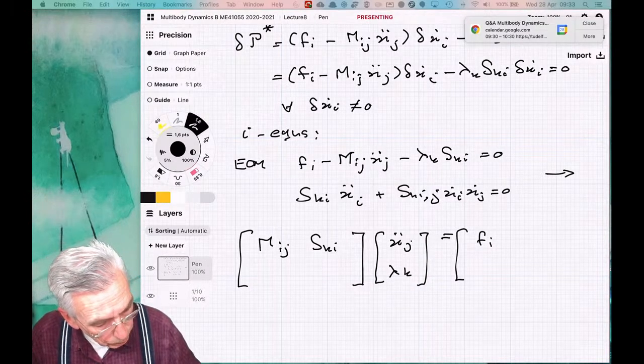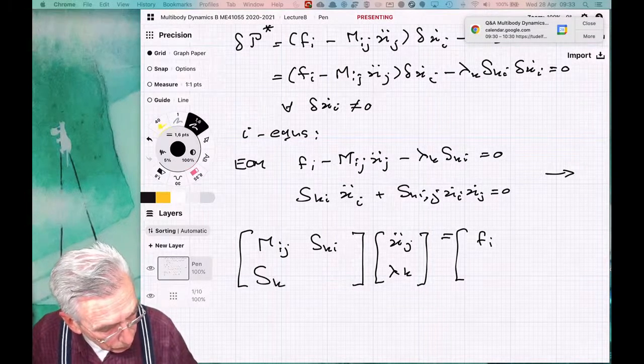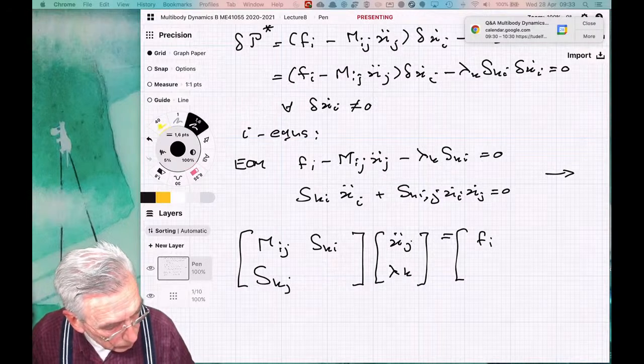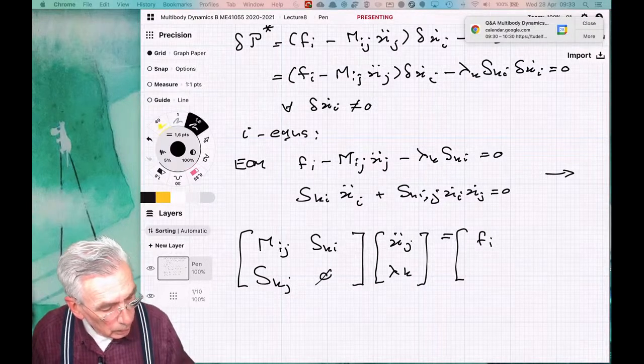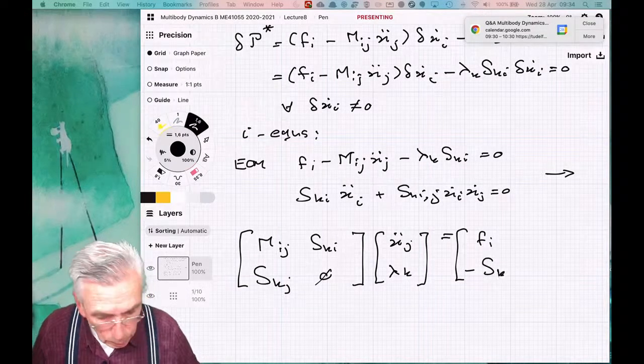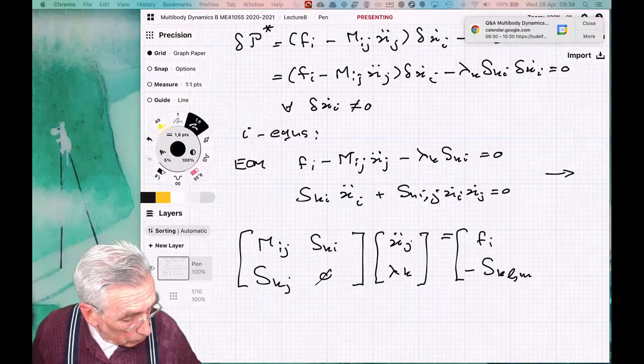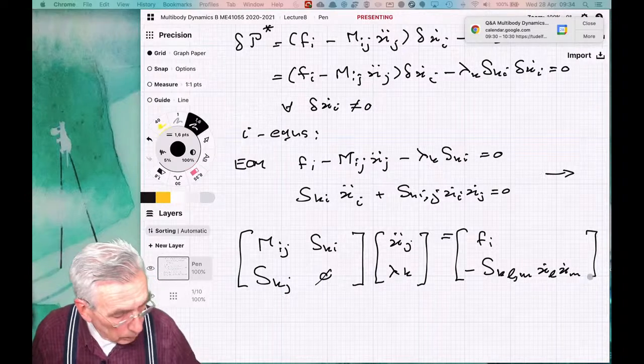Then I have my constraint in the accelerations, ψkj, and then minus ψk,lm, to be super clear, x dot l, x dot m.